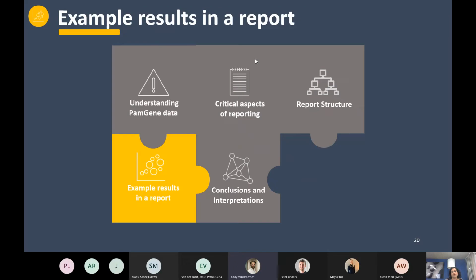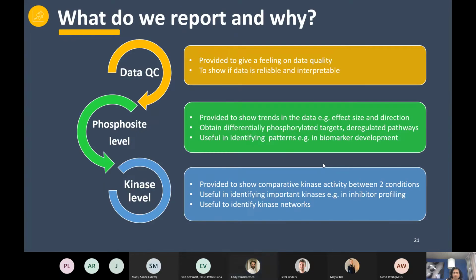Okay, great. So these are some example reports, example results in a report. This is important to understand what we actually report and why. So why do we want to talk about data QC? Because we want to give a feeling on the quality of the data and to show if the data is reliable and interpretable. And the phosphosite level data is quite necessary to show the trends, like I said, the effect size and the direction.